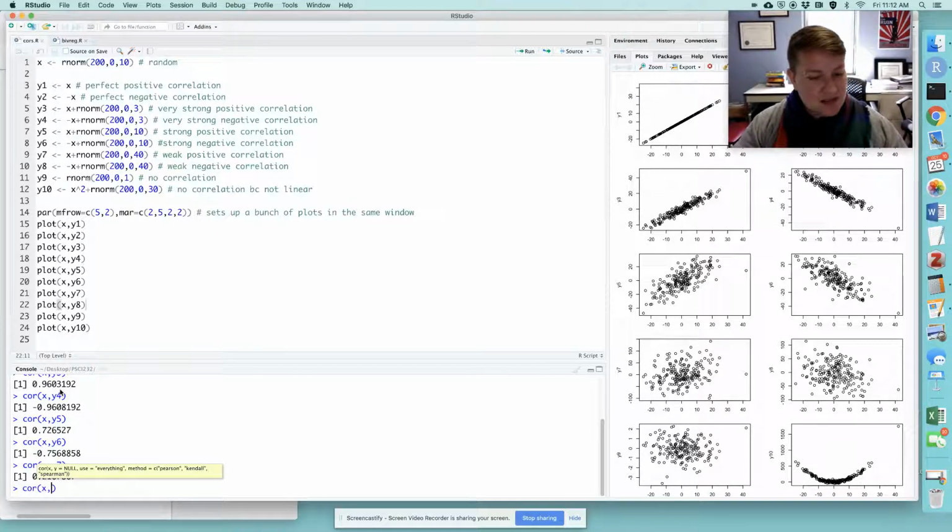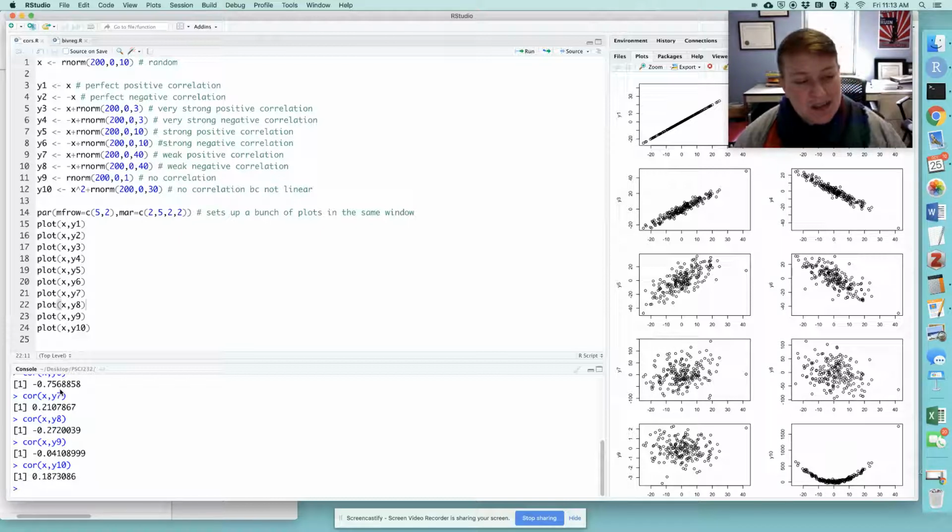Let's see, cor(x, y9), fifth row, first column, should be basically 0. Yes, tiny. So there's a very small random negative correlation. Likewise, even though x and y10 are clearly related, we get a very weak correlation number for cor(x, y10). And that again is because the true relationship is not linear.